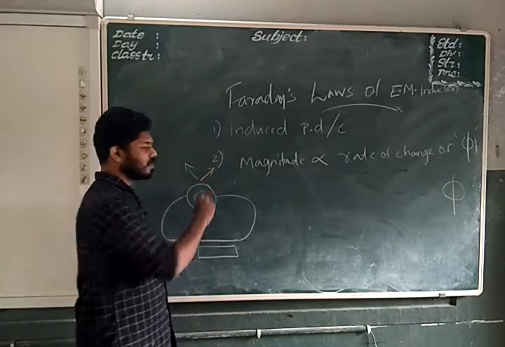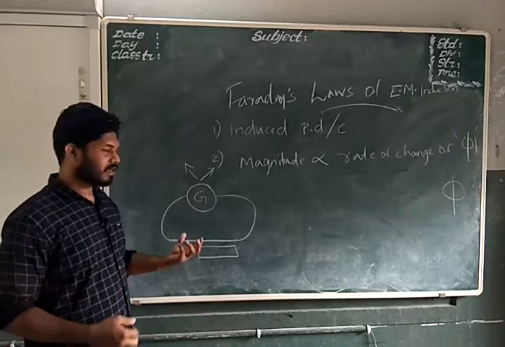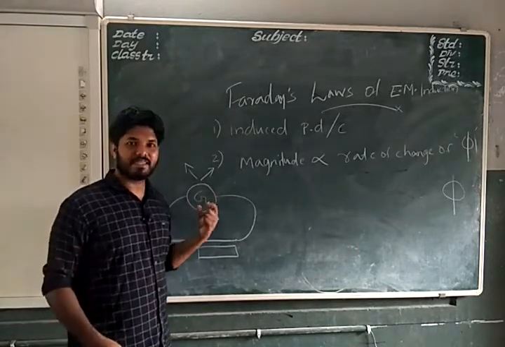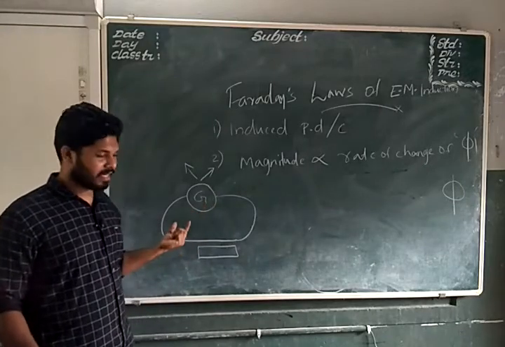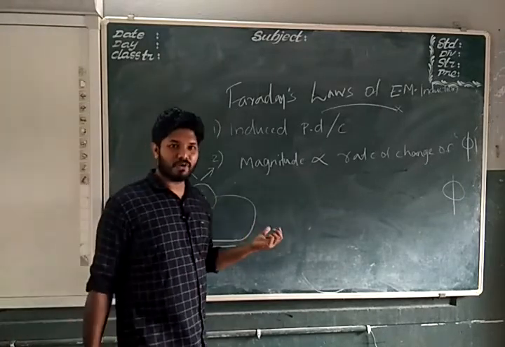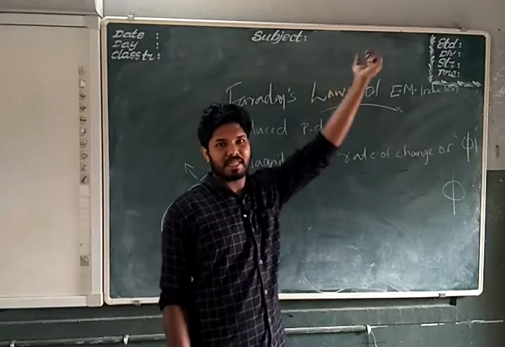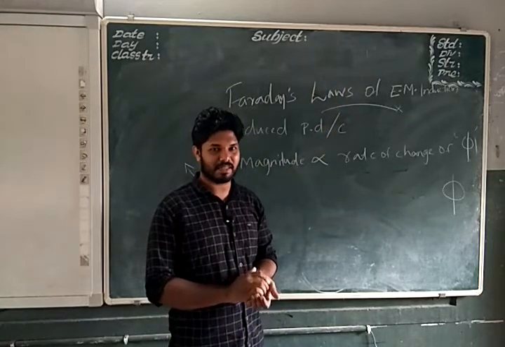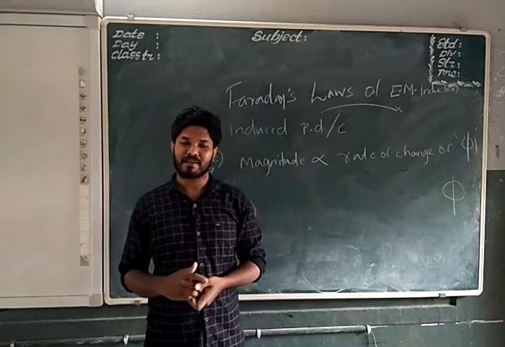Either it is in the left or right direction, we can identify the motion of current. By looking at the direction of the galvanometer needle, he found out the direction of induced current, and he found a law for finding it, known as Fleming's right hand rule.